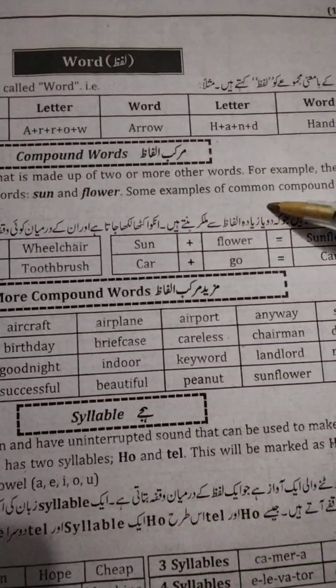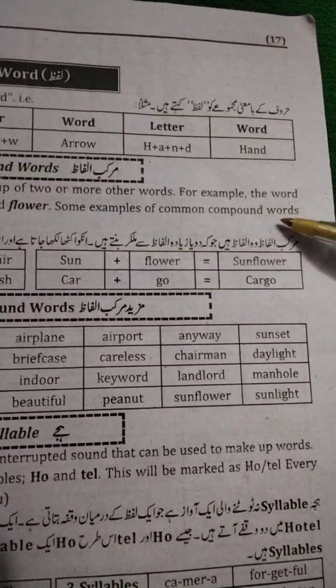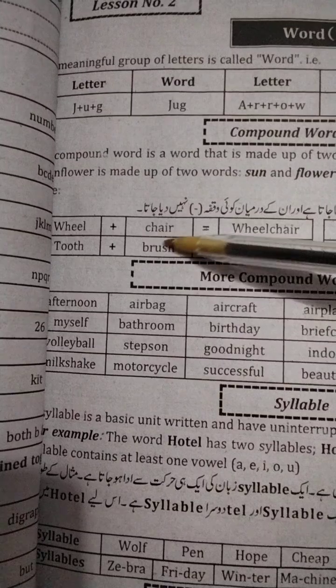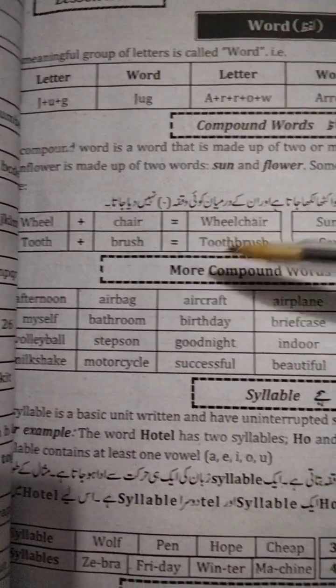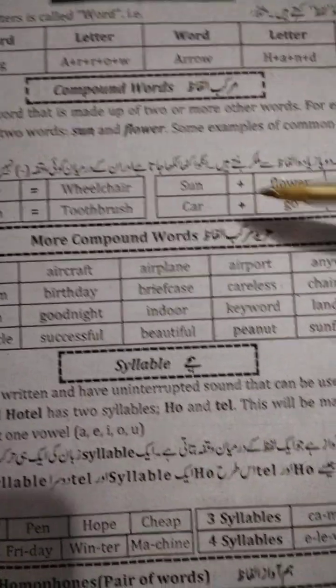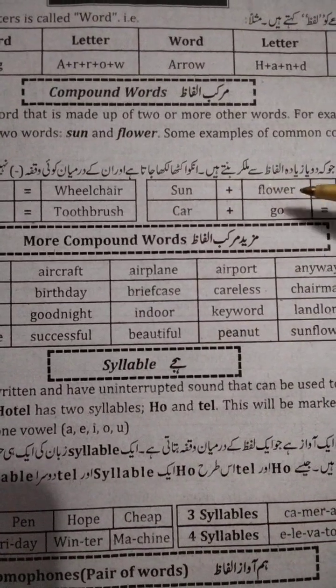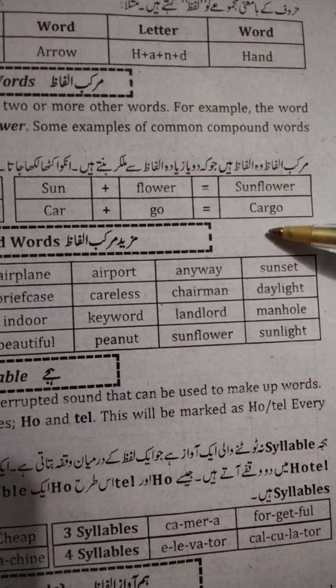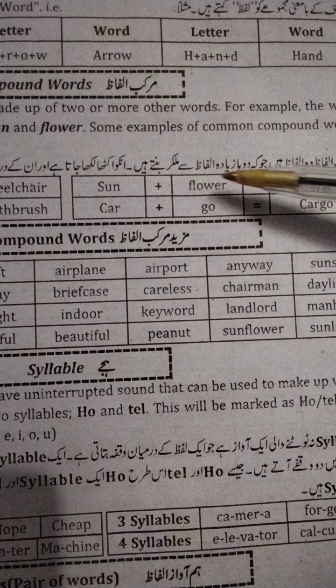Some examples of common compound words: wheelchair, toothbrush. Sun, flower, sunflower; car, go, cargo. These are compound words.